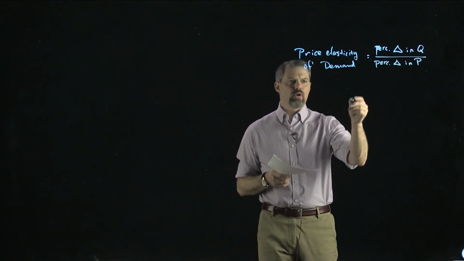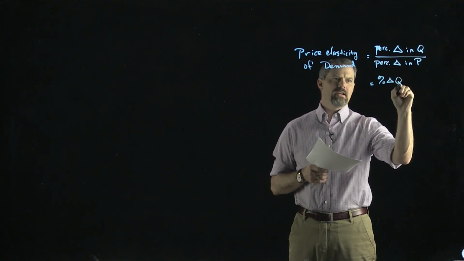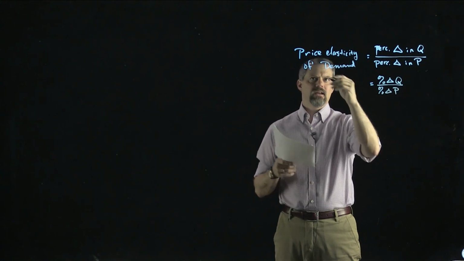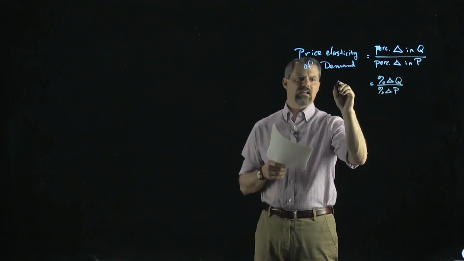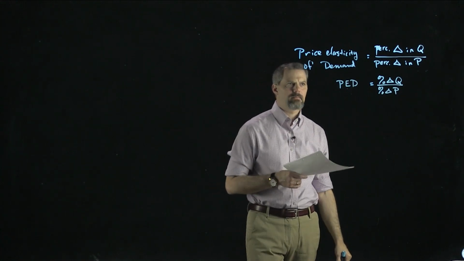Let's write it a little bit more concisely: percent change in quantity divided by the percent change in price. And a lot of times in a principles class, I will abbreviate price elasticity of demand that way.